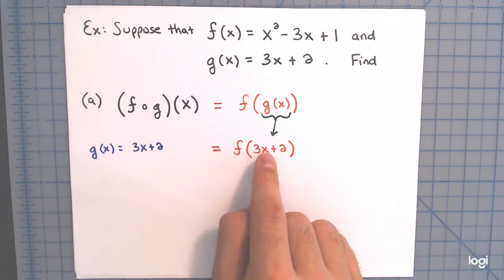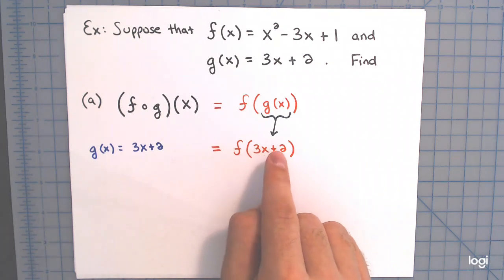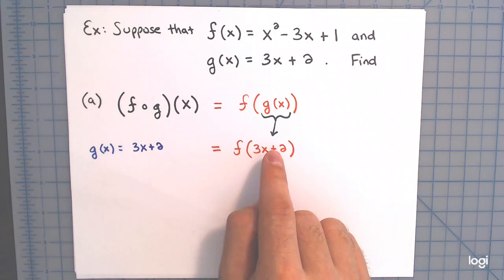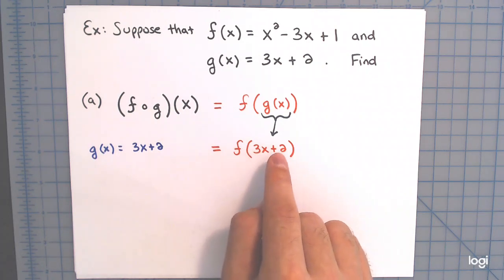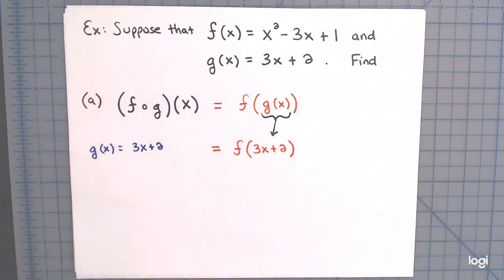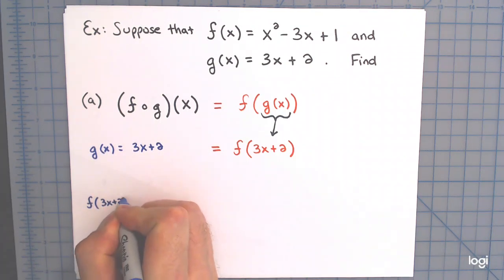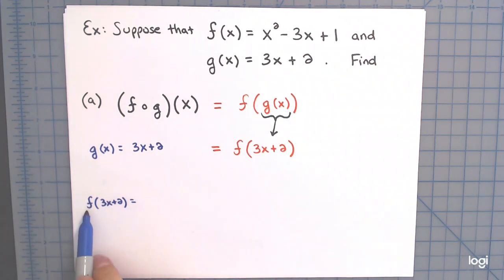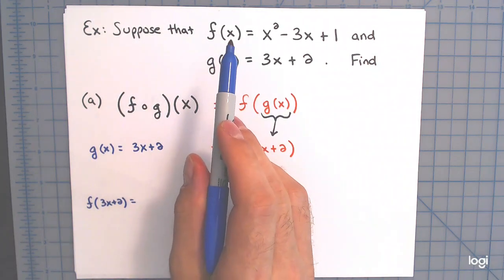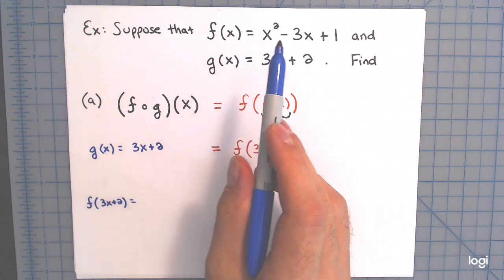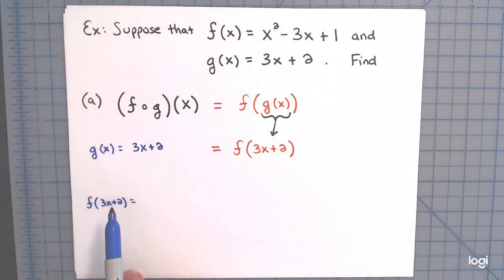So it's a little funky, because it's not just a number, it's a whole expression, but it represents a number. Every expression represents a number. And I'm plugging this expression into f. So now I'm finding what's f of 3x plus 2. So I go to the function f, and everywhere there's an x, I'm going to now replace that x with this quantity 3x plus 2.